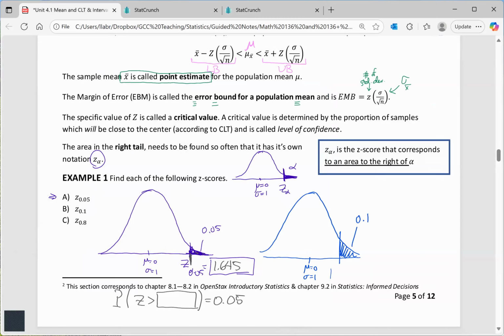And so this number here on my number line is the value such that the probability that the random variable z is greater than itself has to be equal to 0.1. So let's go ahead and find that. Use StatCrunch to find that and report out your answer.